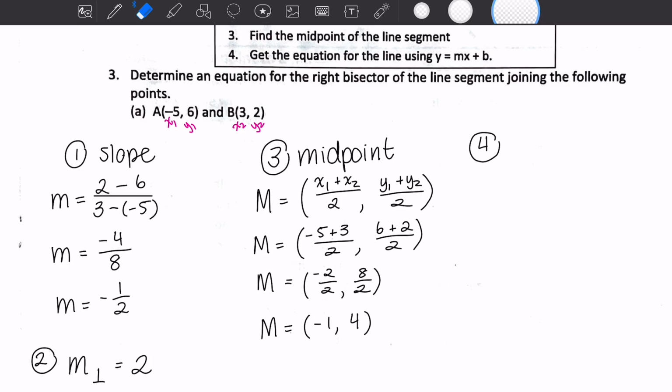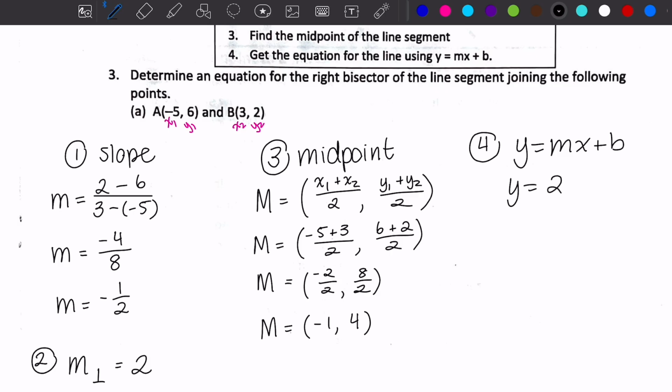That's the characteristic. It's exactly going through the midpoint of AB. So that is the point we're going to use for y equals mx plus b. I can plug in my slope, which is 2, and then plug in the midpoint. So it's always the midpoint if it's a right bisector.